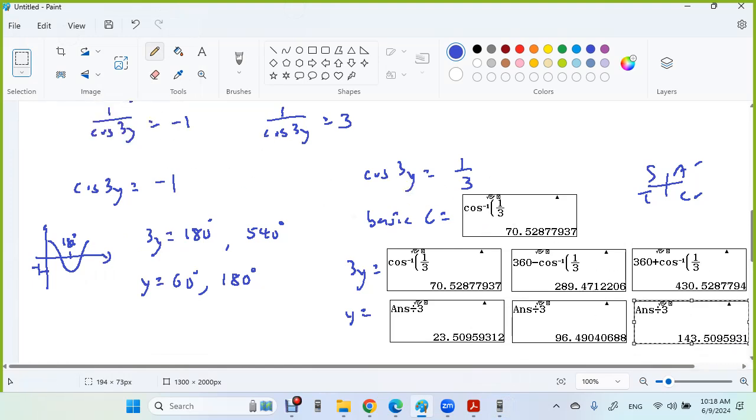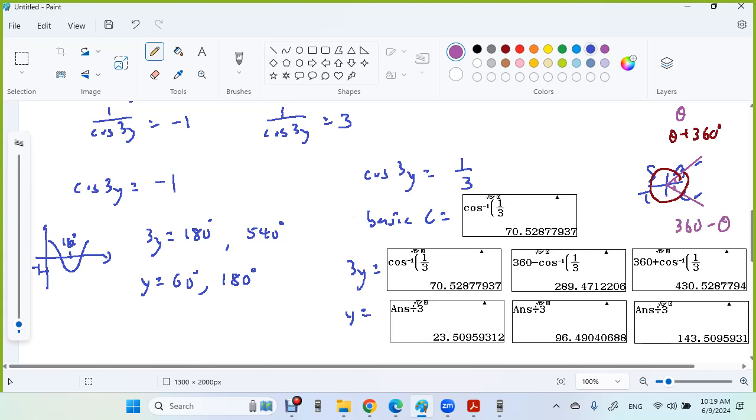Okay, so we will have this one and this one here. So in the first cycle, we have these two solutions. And then we will also have this one, which is theta plus 360 degrees, and this is theta, this is 360 minus theta.